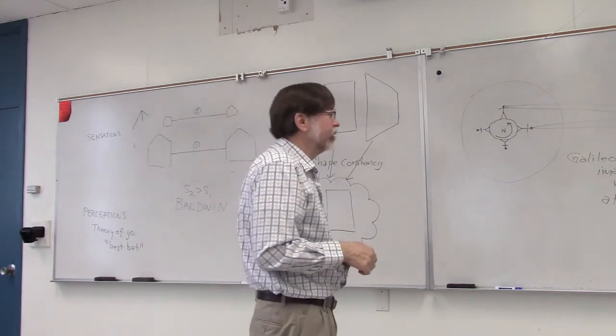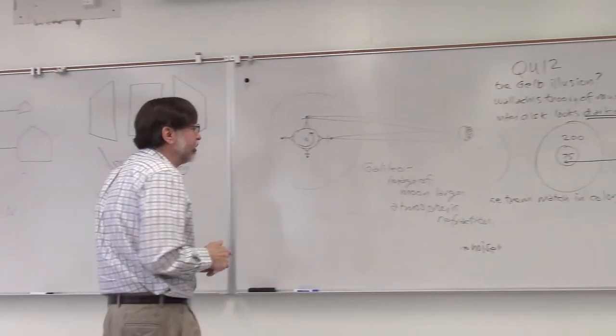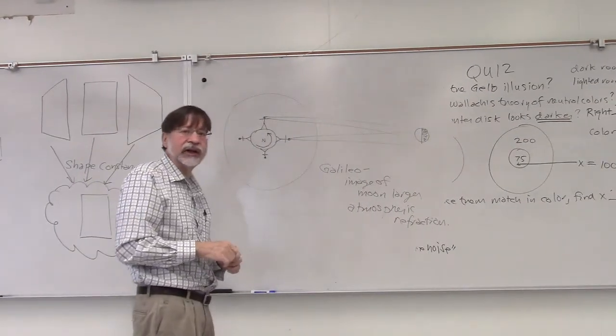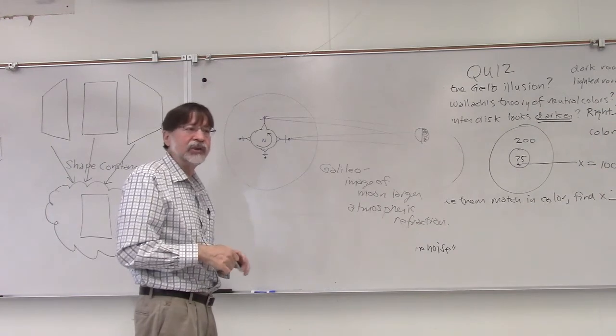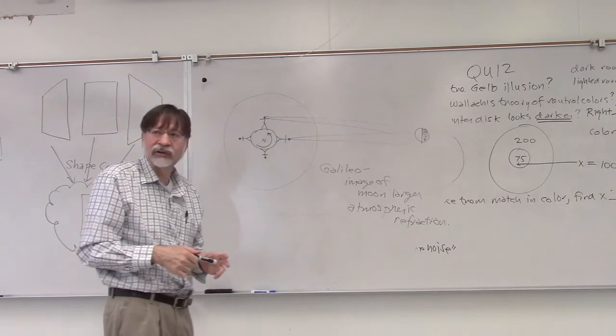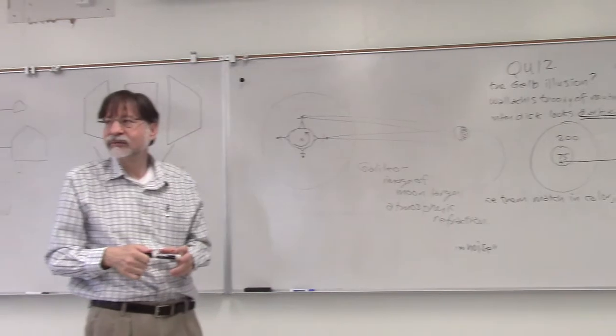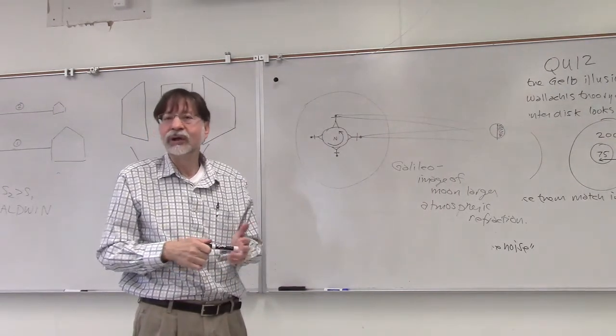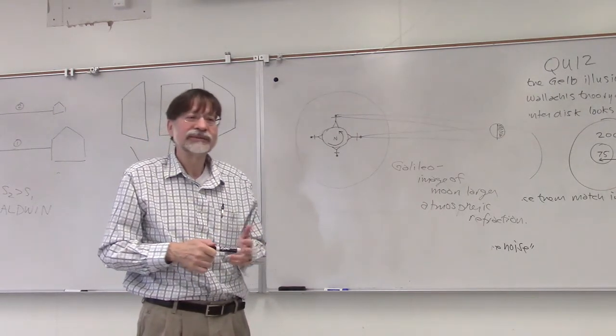How would you test the theory that the size of the moon has been magnified by the atmosphere, that the image has actually been increased in size? How would you test that? Well, take a picture.